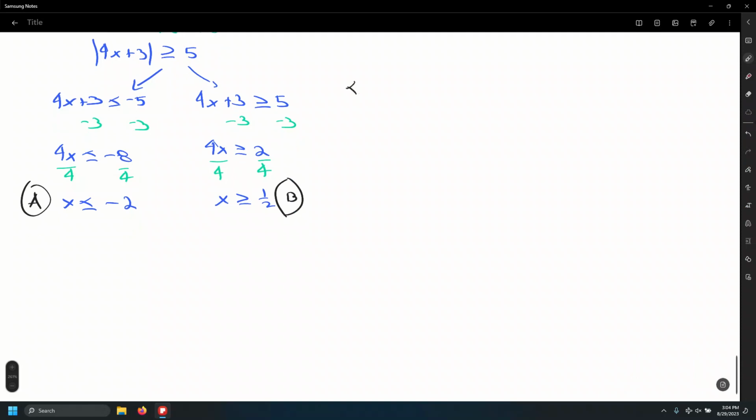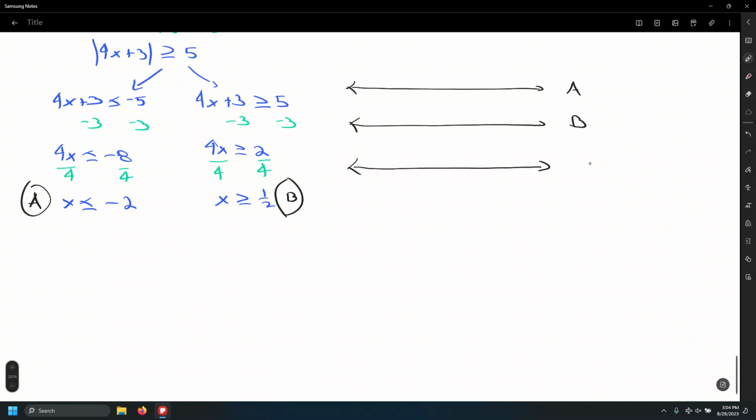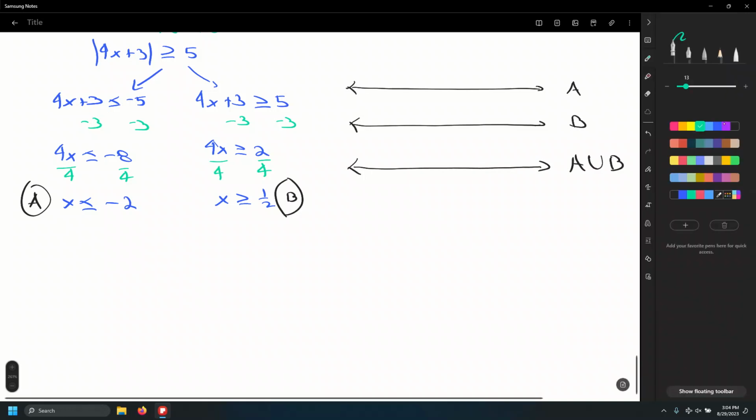All right. So that's set A, set B, and in this case we want the union of them, A union B. All right, so again, let's have the 0 in the middle, and have some number sense.